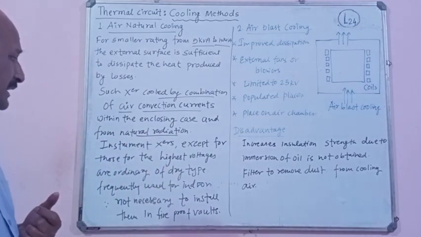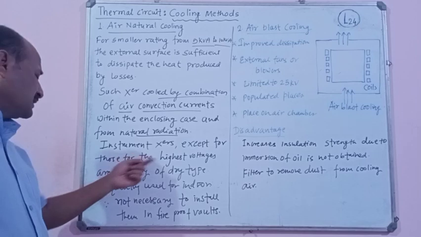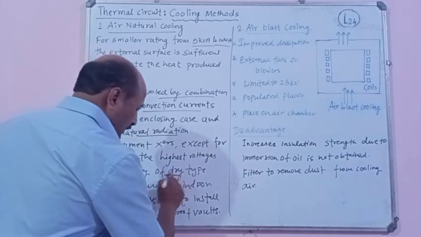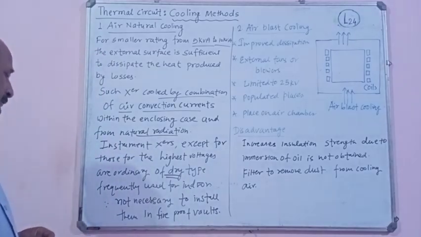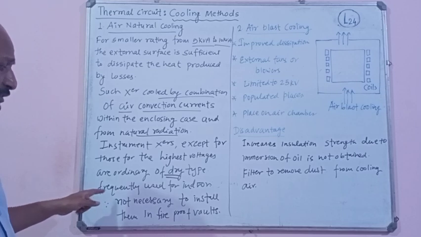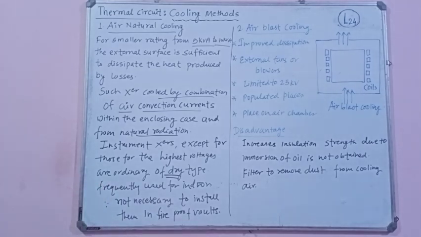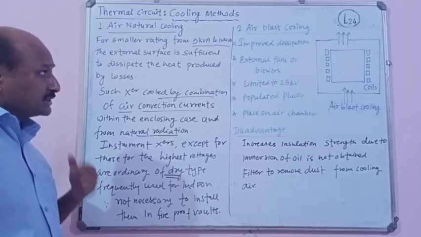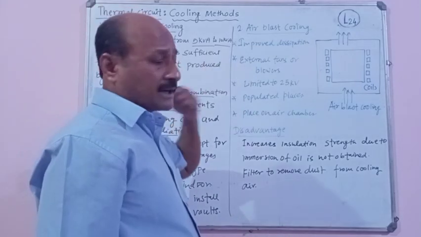Instrument transformers, except for those for the highest voltages, are ordinarily of dry type. Dry type cooling is frequently used for indoor transformers, and it is not necessary to install them in fireproof vaults.